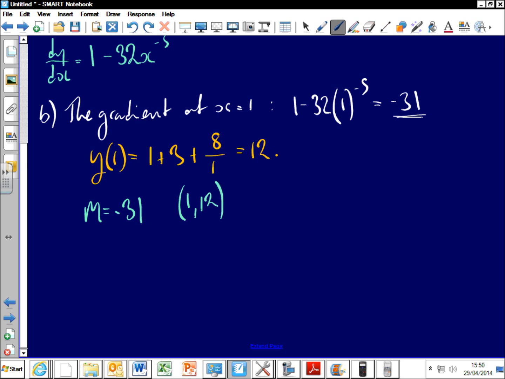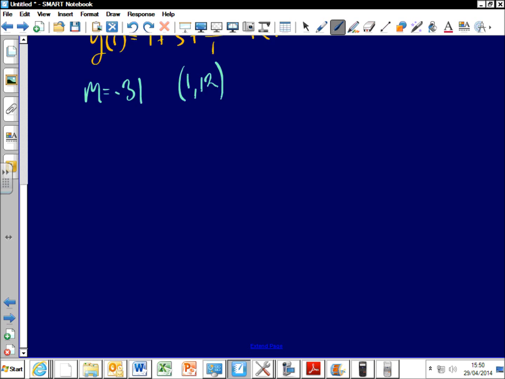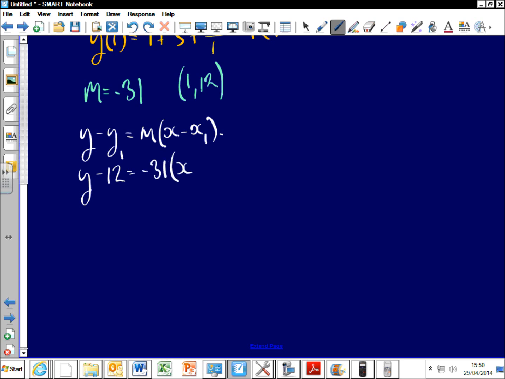Okay? So how do I find the equation of the line now? Anybody? Yeah, y minus y1. Okay, and I sub in the values. So it's y take 12 is equal to minus 31 times x minus 1.